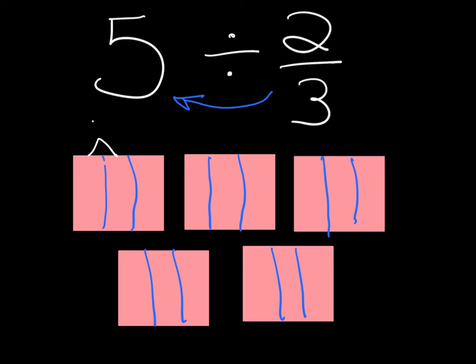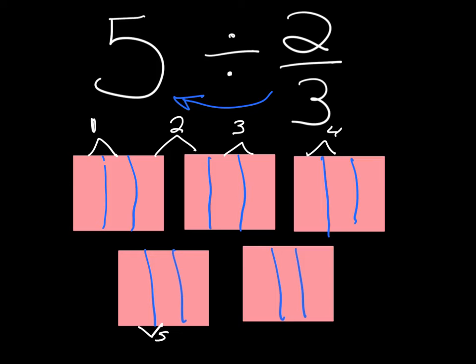These are 2/3, so that's one group of 2/3. This is another group of 2/3. 3 groups of 2/3. I'm just counting 2/3 because they're broken into thirds. This is 4 groups of 2/3.